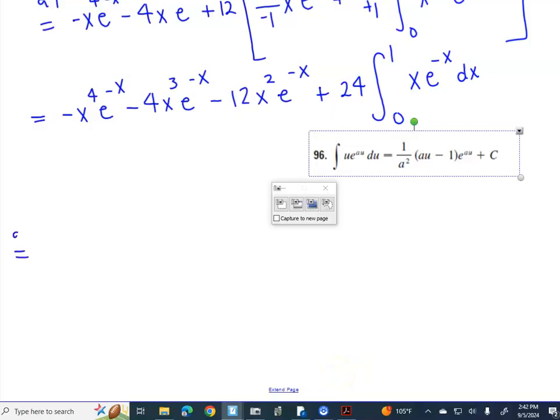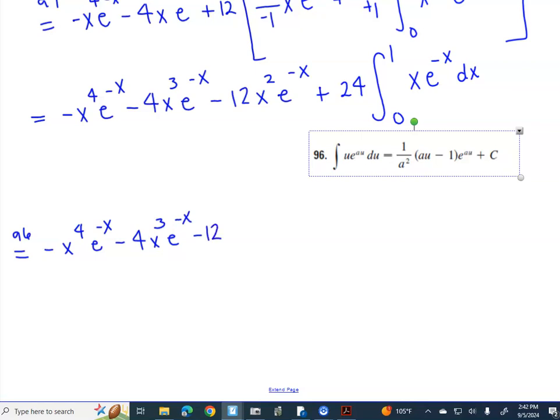So let's go ahead and do that. So we have negative x to the fourth e to the negative x minus 4x cubed e to the negative x minus 12x squared e to the negative x plus 24 times, well, we know that a is negative 1, u is x, and du is dx.